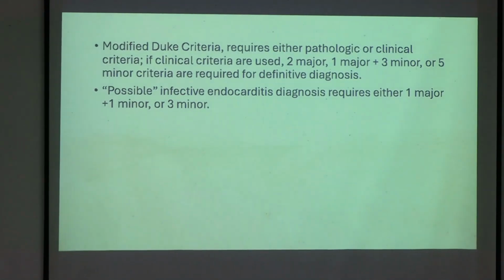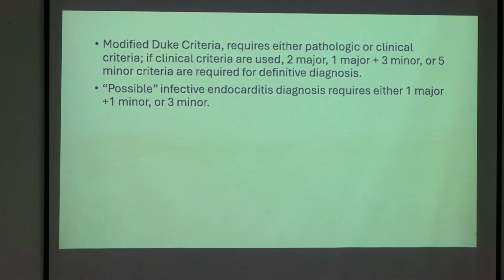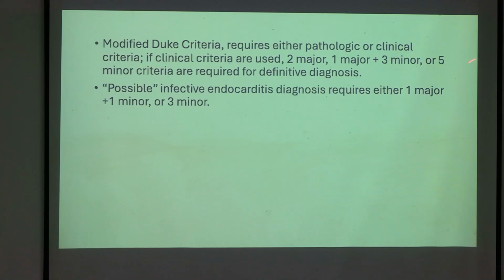So this modified Duke's criteria require either pathological or clinical criteria. If only clinical criteria is used, not pathological, then 2 major is enough, or else 1 major plus 3 minor, okay, or else 5 minor criteria are used for the definitive diagnosis, okay.